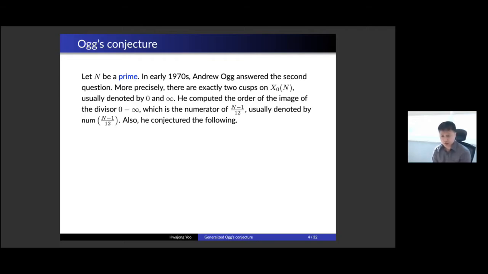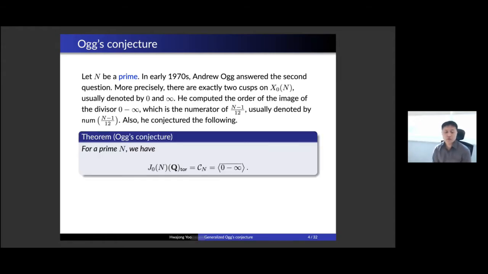This famous number is the numerator of (n-1)/12. And he conjectured the following. For a prime number n, the rational torsion subgroup of J_0(n) is actually equal to the rational cuspidal group. In this case, the two cusps are defined over Q, so this cuspidal group is already defined over Q. So this is equal to the group generated by the image of 0 minus infinity, which is already a rational point.